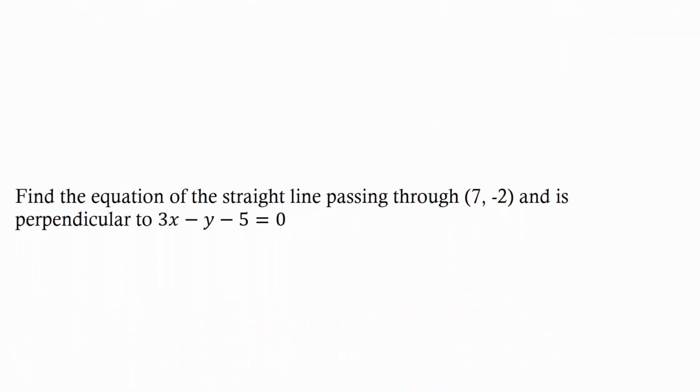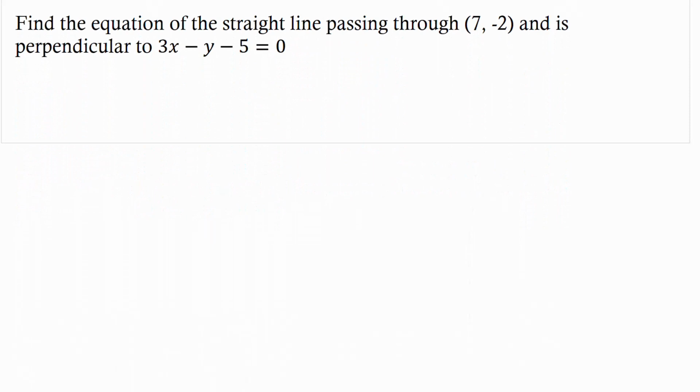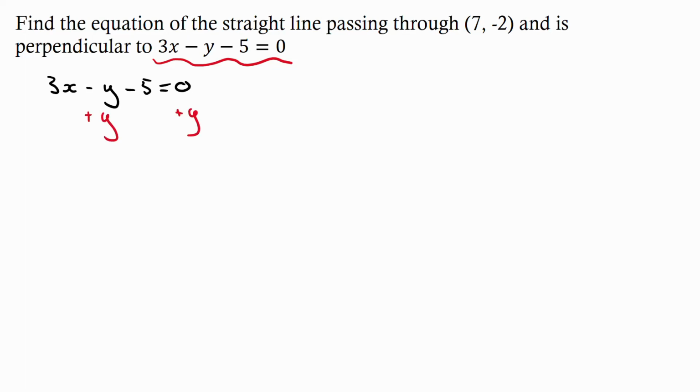Find the equation of the straight line passing through (7, -2) that's perpendicular to this. The first thing I'm going to look at is this here, okay? That's the important part to start with, because we can use that to find our gradient. If I rewrite that, 3x minus y minus 5 equals 0, and let's rearrange it by adding y, I end up with 3x minus 5 equals y, or y equals 3x minus 5.